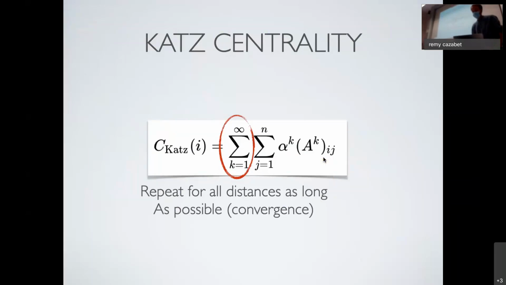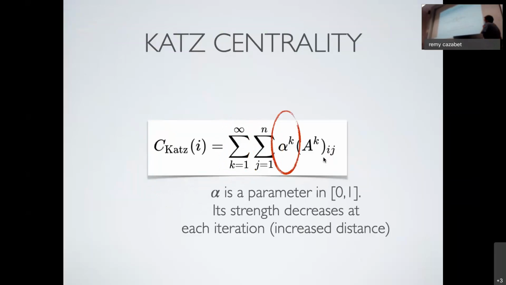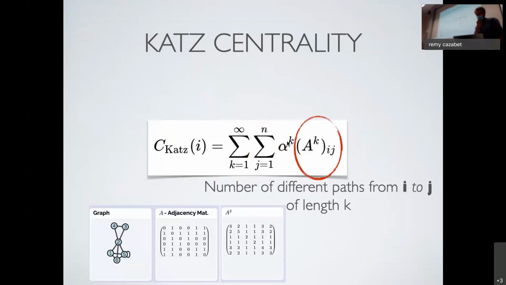So for a given distance, we compute the sum for every other node of a parameter which decreases at each iteration, so at each distance. And you see that it's a parameter between 0 and 1. So when you take the power, it's decreasing very quickly. And we take the number of different paths from i to j.